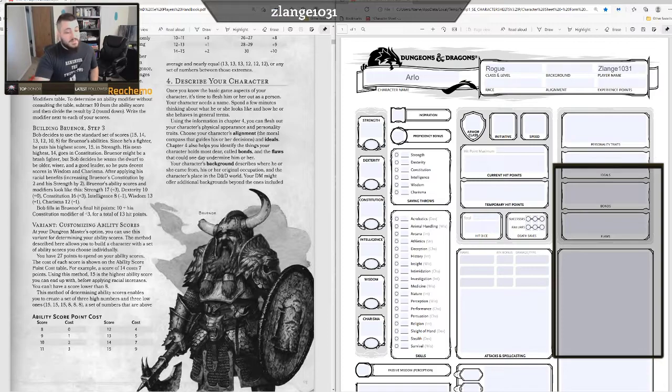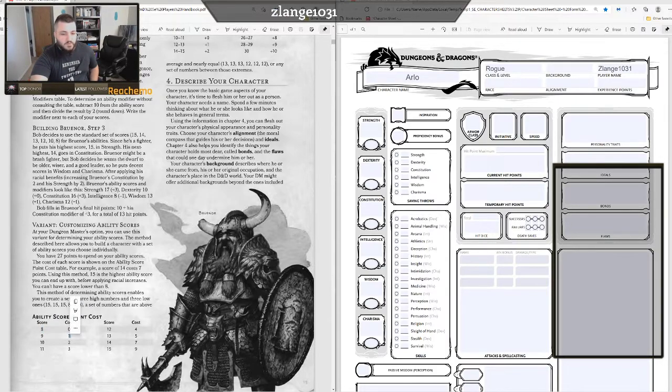There's also the point buy system, in which you are given 27 points to spend on your skills. You can start with 8s because they are 0 cost, and then you can go up from there. If you've ever played Fallout New Vegas, that is a good example of the point buy system, because you start with a base number, and then you have a certain number of points you can use to upgrade those numbers.